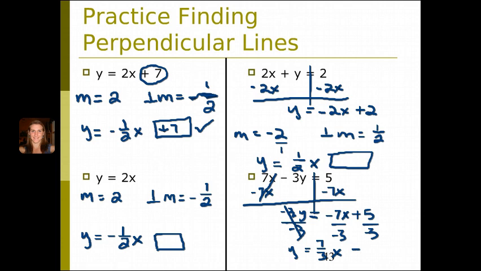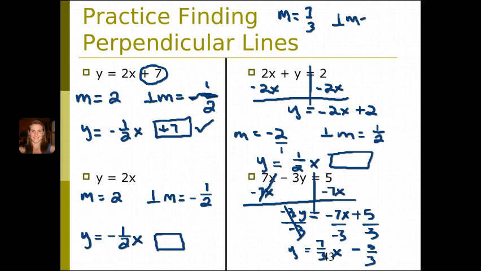The slope that they gave us when we solved for y was a positive 7 over 3. Therefore, if I'm finding the perpendicular slope, I need to take the opposite sign. The opposite sign of a positive would be a negative. And I have to flip my fraction.